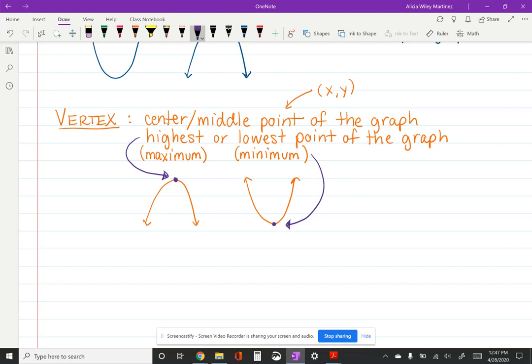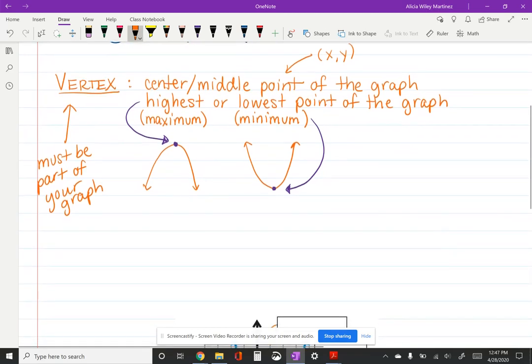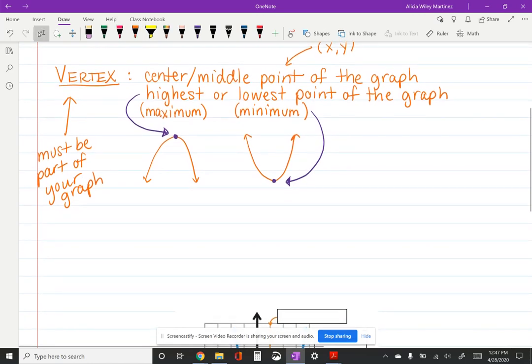Okay? A vertex is something that whenever you graph a parabola, you must have it as part of your graph. So this must be part of your graph. Okay? All right, let's move on to the next key part of the graph.